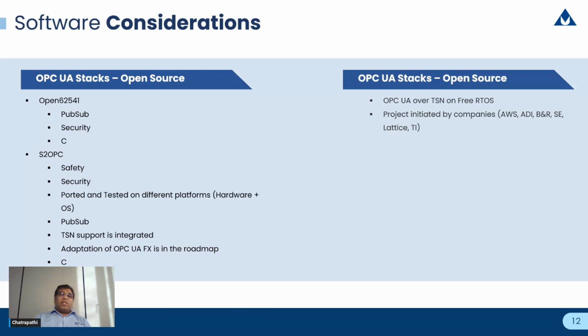This is a project initiated by companies AWS, Analog Devices, B&R, Schneider Electric, Lattice, and Texas Instruments, with the intention of providing an open OPC over TSN with FreeRTOS combined as a package, so that it can be utilized by anybody who's looking to implement a FreeRTOS based controller or device or any application with OPC UA, and extending this to support OPC UA FX is also possible and very easily doable.